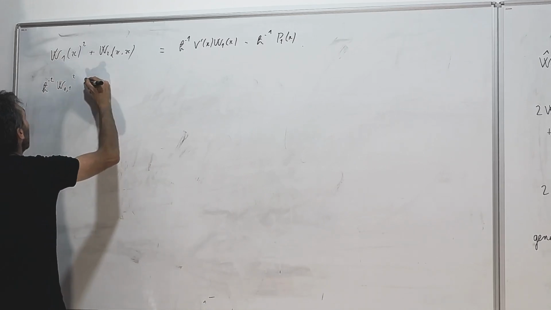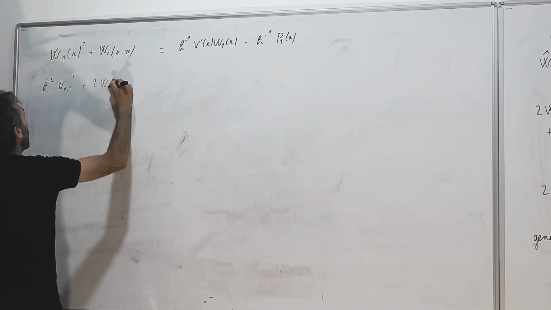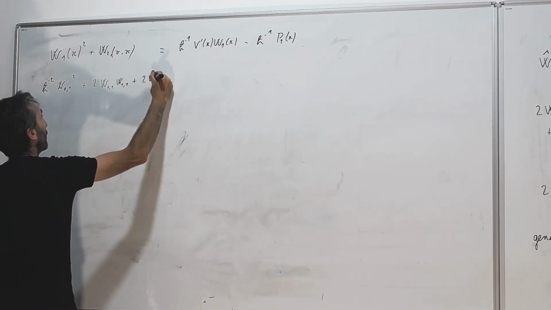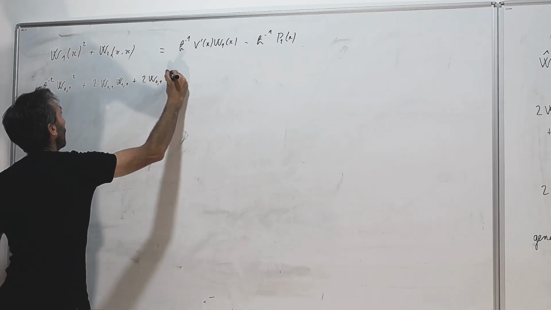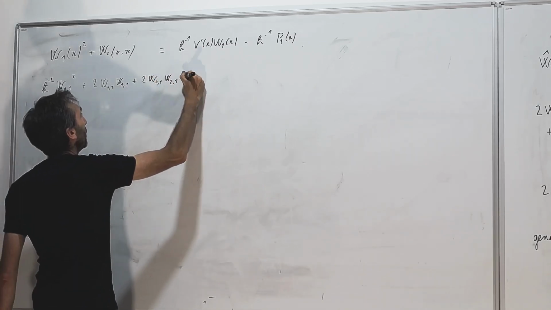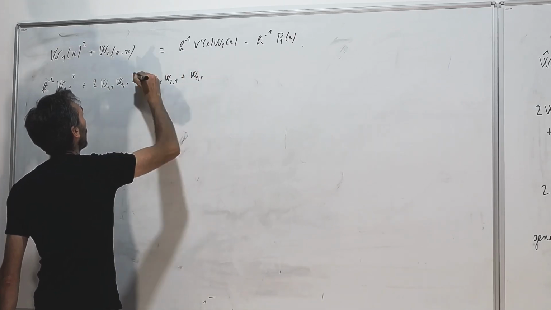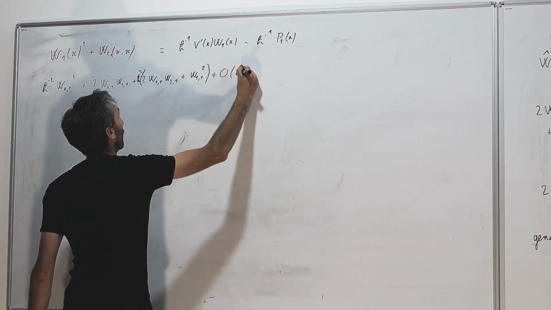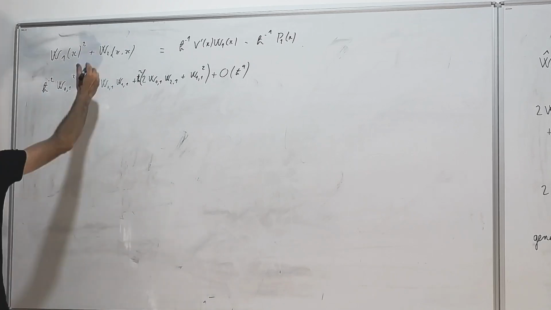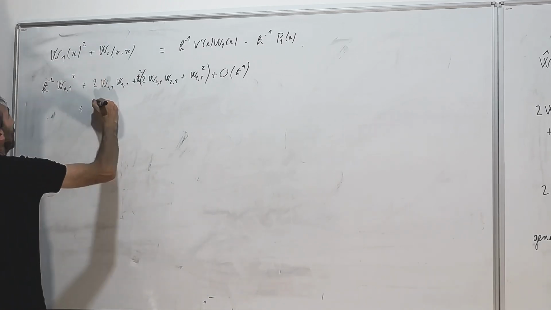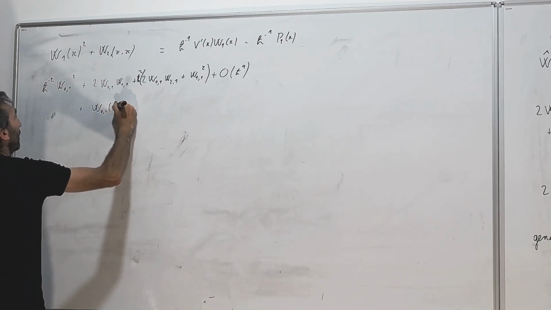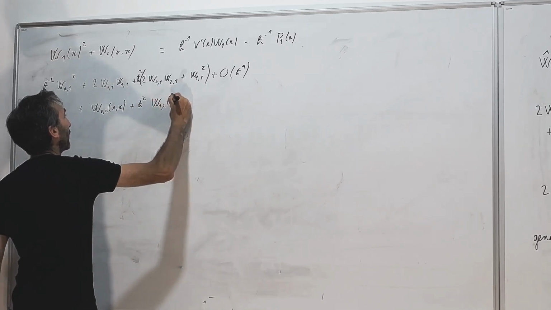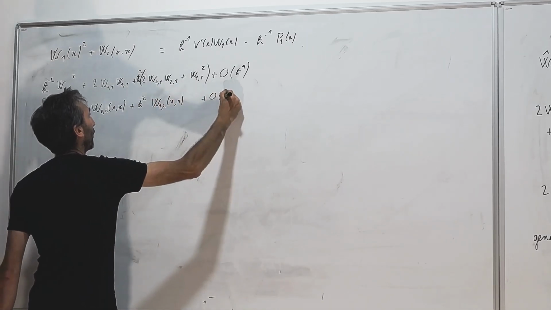Then the next-to-leading order was 2 W01 W11, plus, well, the next term will be 2 W01 W21 plus W11 squared, times h bar squared, plus O(h bar^4), plus W02(x,x) plus h bar squared W12(x,x) plus O(h bar^4).